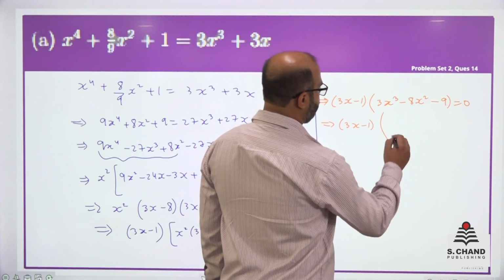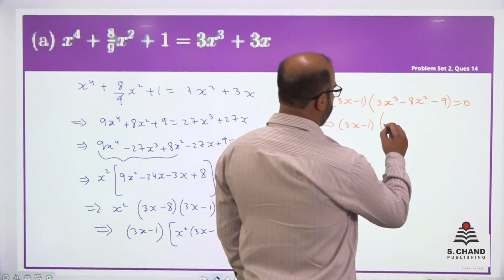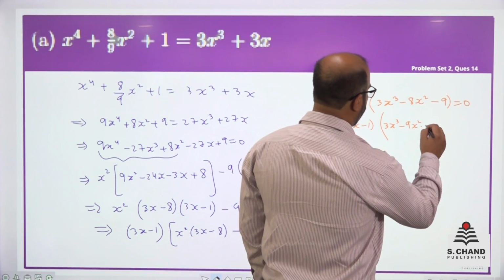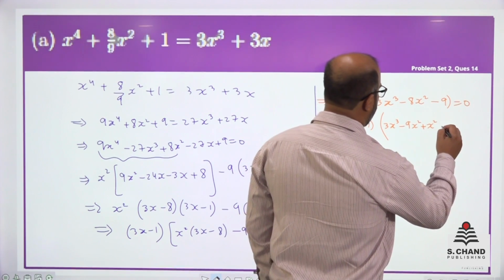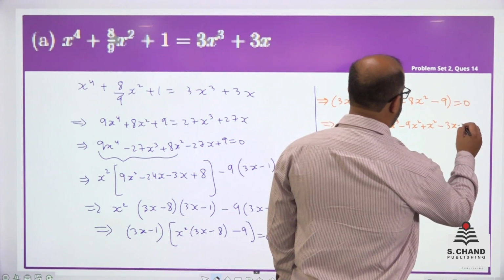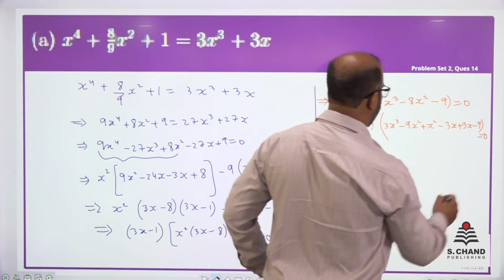3x minus 1, and let us take this as 3x cube minus 9x square plus x square, and then minus 3x plus 3x on our own minus 9 equal to 0.